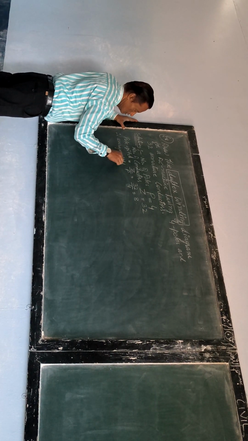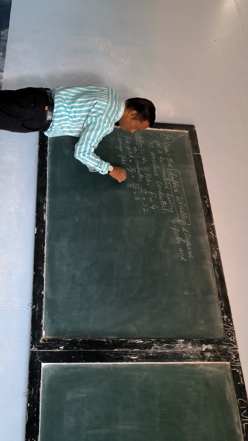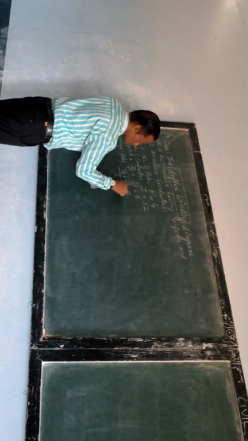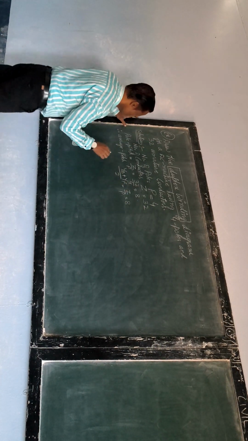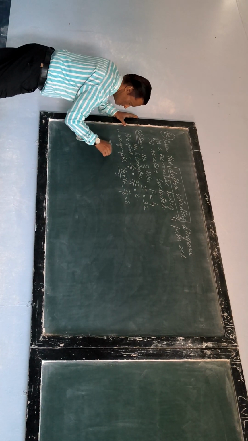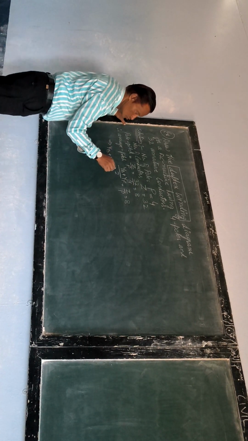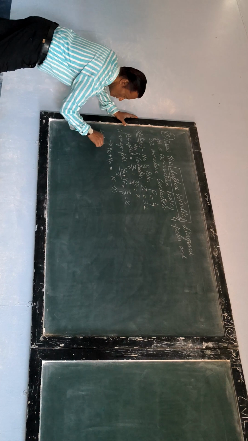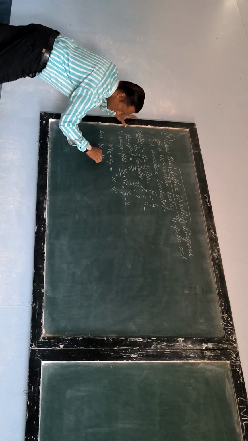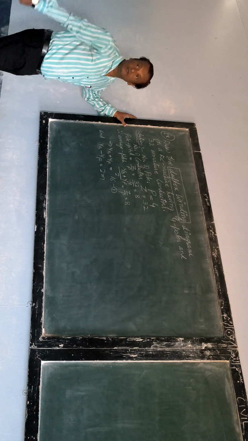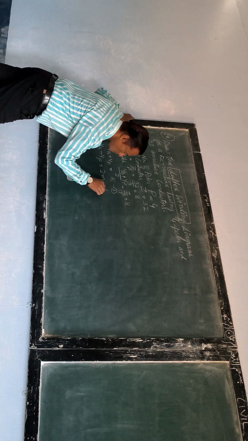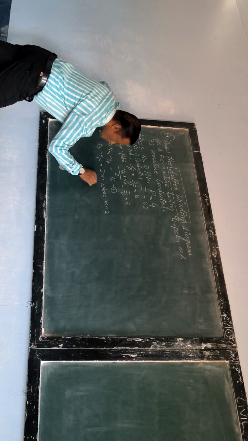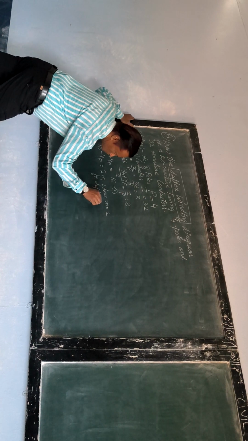Therefore, average pitch (YB plus YF) by 2 is equal to the pole pitch. So this implies YB plus YF equals 16, and YB minus YF equals 2m, where m equals 2 for duplex winding.